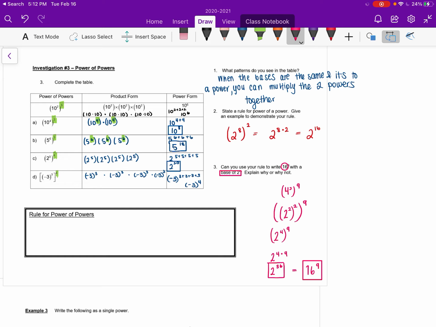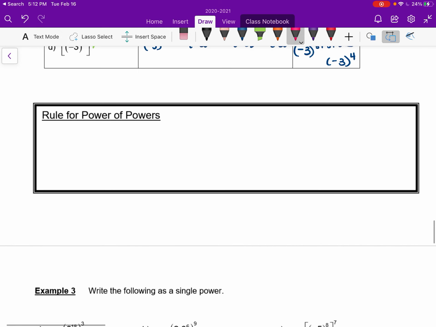Alrighty. So let's do a rule for power of powers.